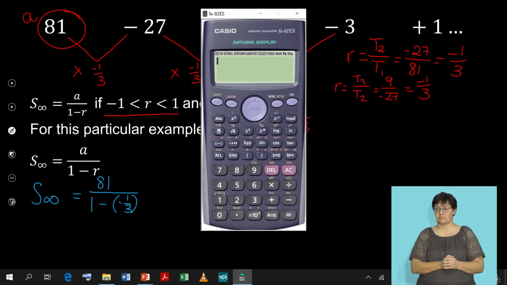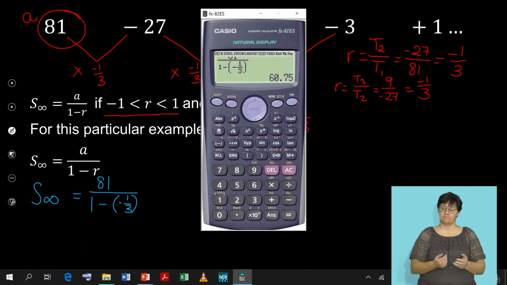So the sum to infinity will be equal to 81 over 1 minus -1/3. Sorry, let's get this fraction button to work. There we go, negative a third.